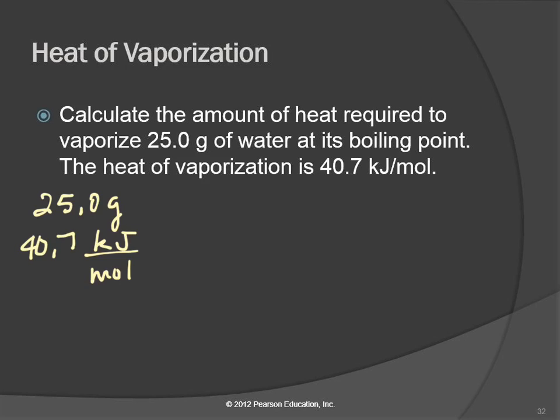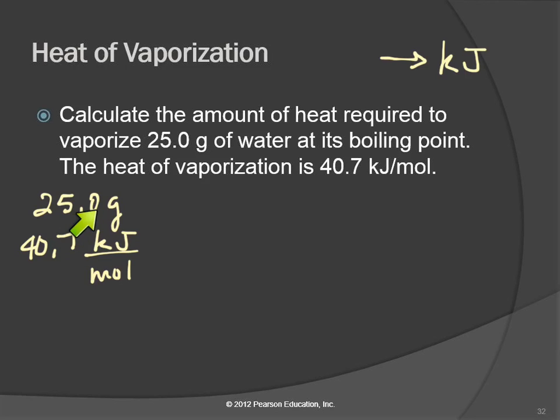So what are we trying to find? The amount of heat, right? What's a unit of heat that's showing up here? Grams, kilojoules, moles, kilojoules. So we want to find, I'm going to write my path up here at the top. We want to find kilojoules. Sometimes it's hard to know which of these numbers to start with, but this one looks like a conversion factor.